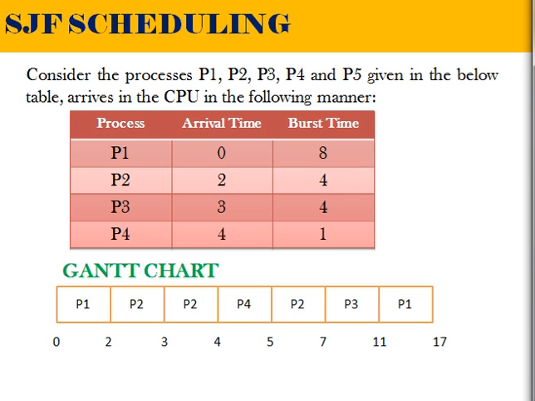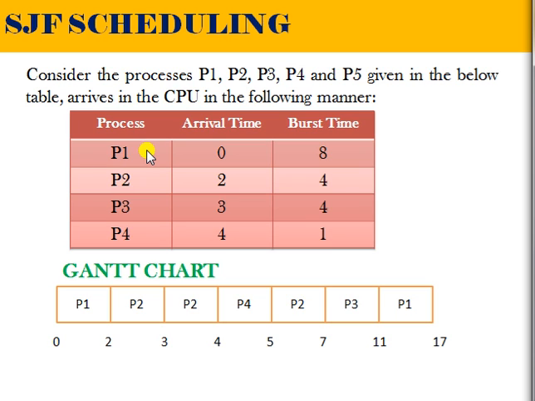P1 has executed for 2 units till now, so the remaining burst time of P1 is 6 units. P1 executed for 2 units because no other job was present at that time.